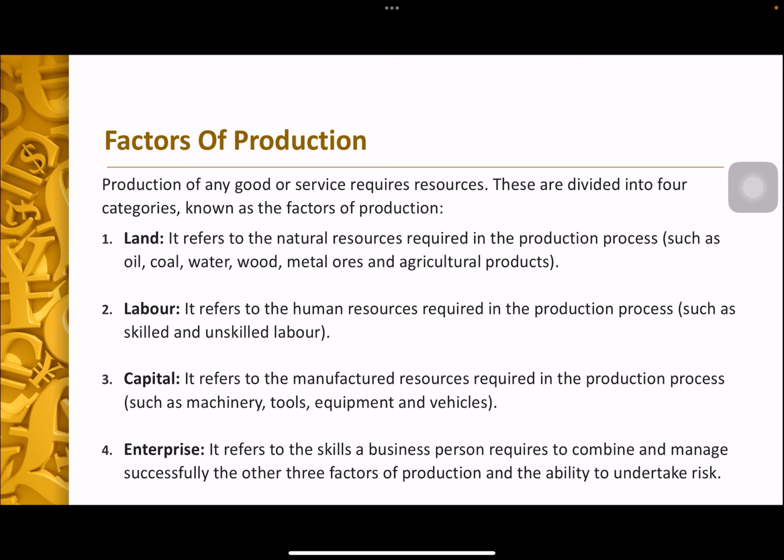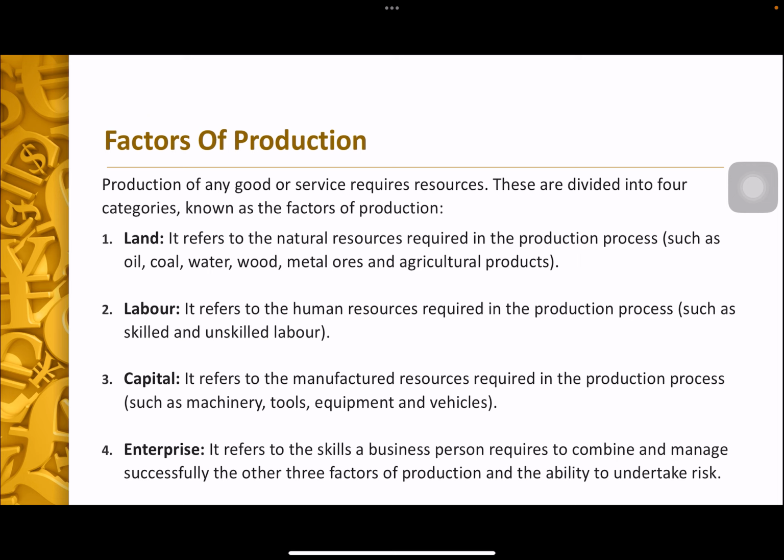Land refers to all the natural resources that are required in the production process, like oil, coal, metal, wood, or agriculture or farm products. For land, we usually get rent when we are not using that land in our own business.